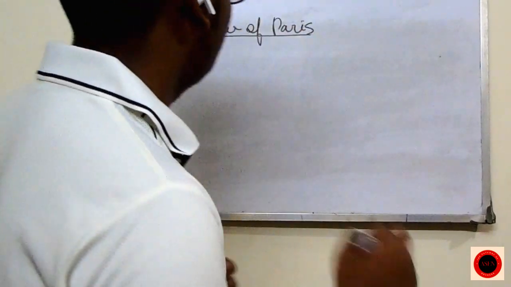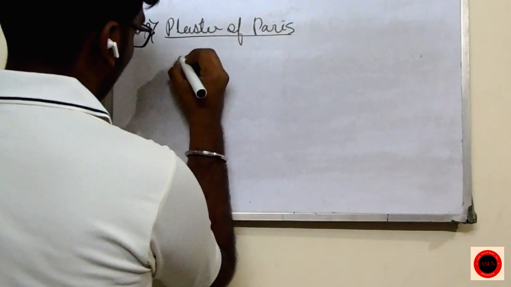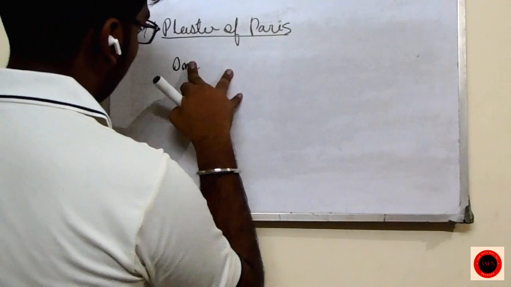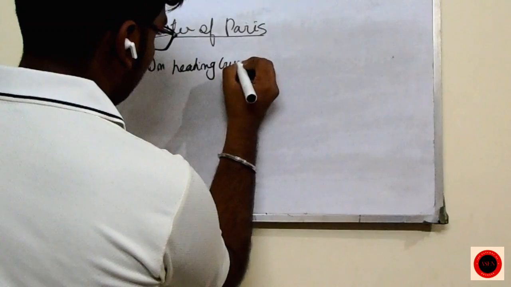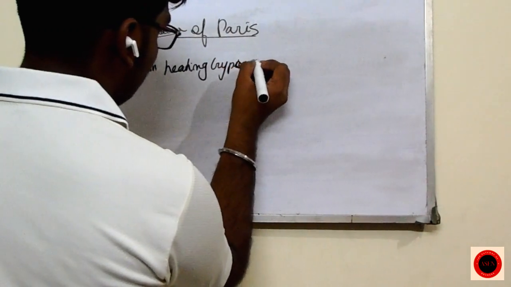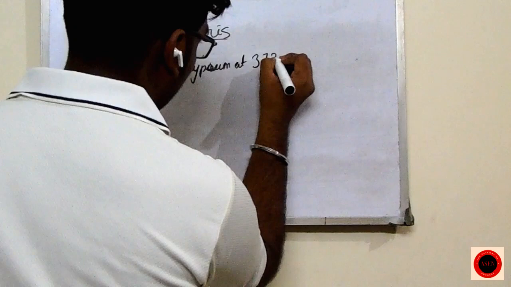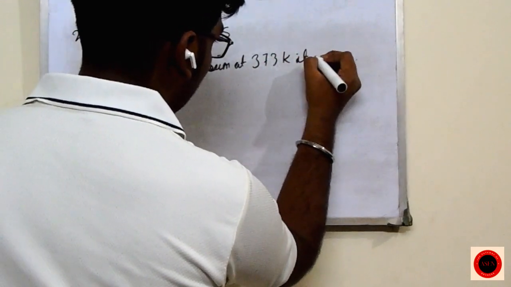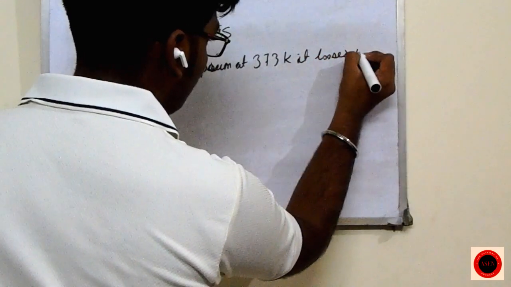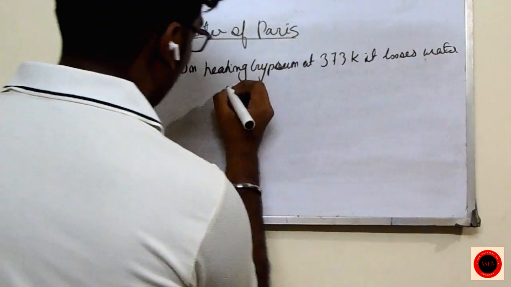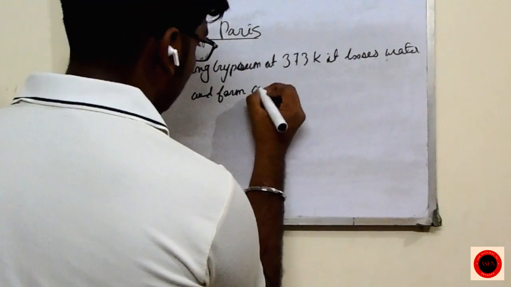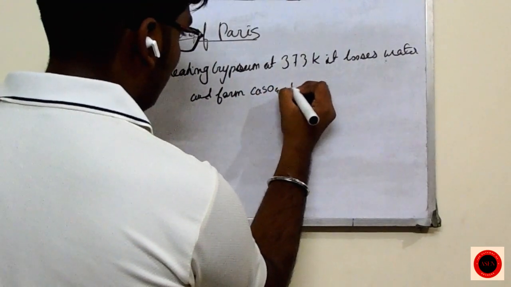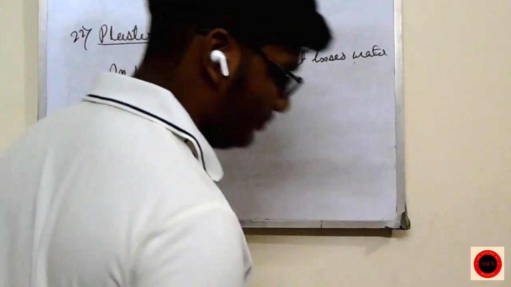It loses water and forms CaSO4 dot half H2O. Okay.